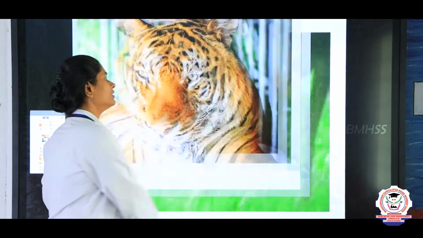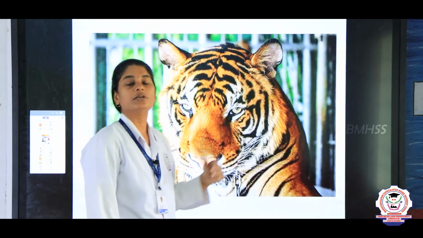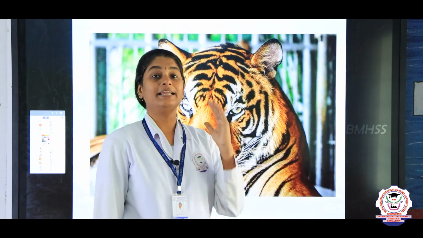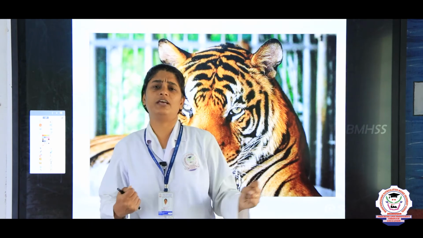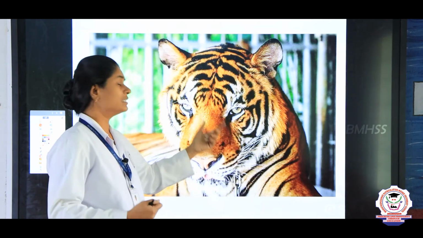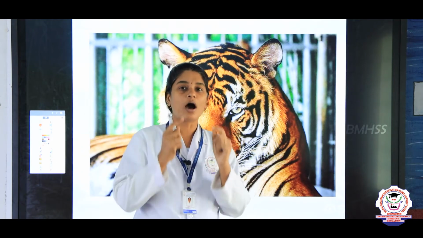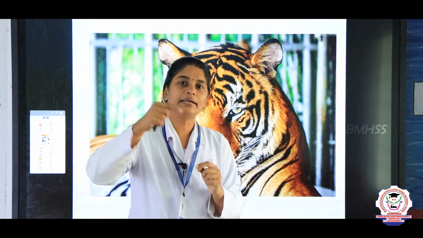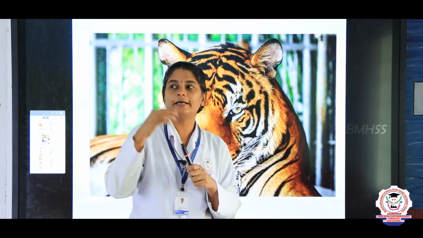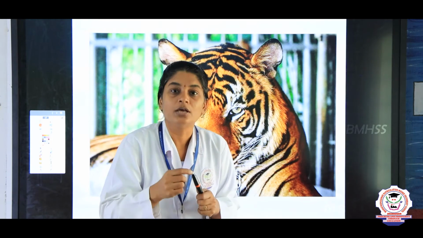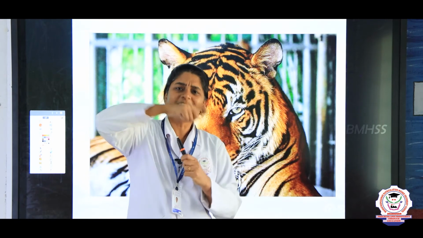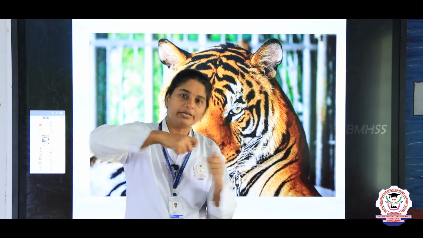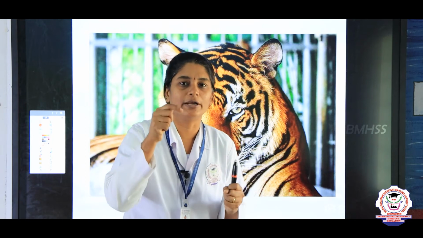The second one is carnivores. Carnivores eat the flesh of other animals, so they want to tear the flesh. These animals have sharp pointed teeth, like a nail, and with the help of these sharp pointed teeth they can tear the flesh.